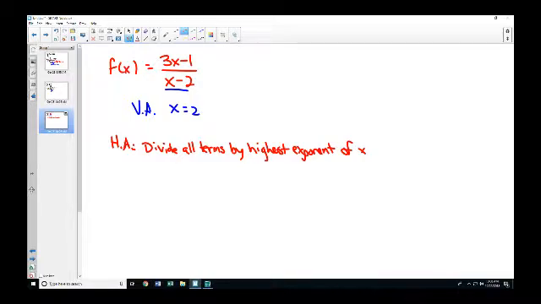In our case, what's the highest exponent? The highest exponent in our case is 1, right?